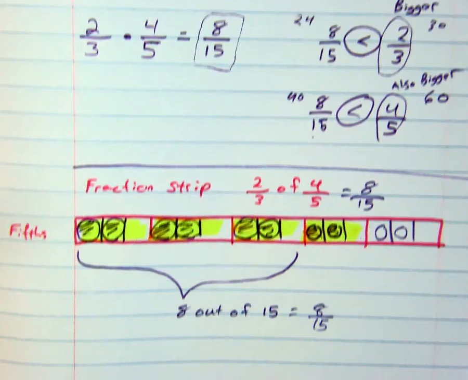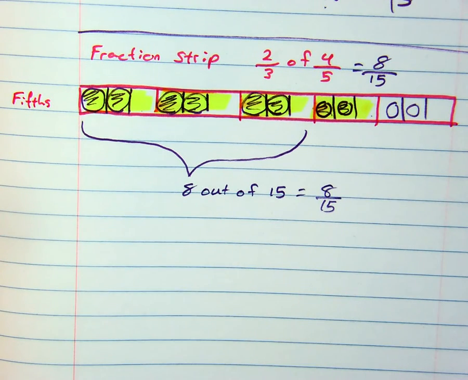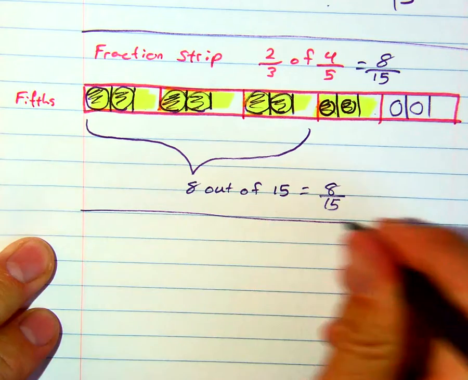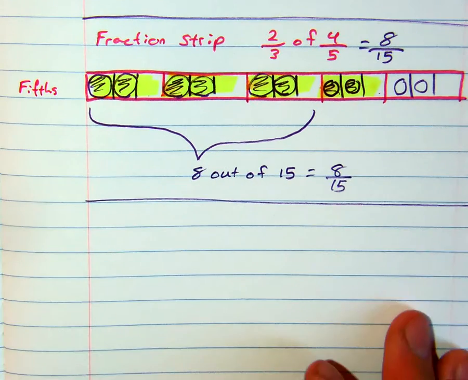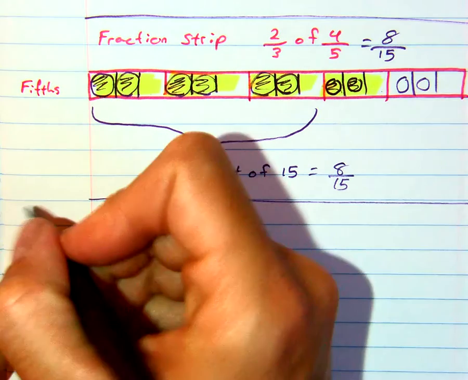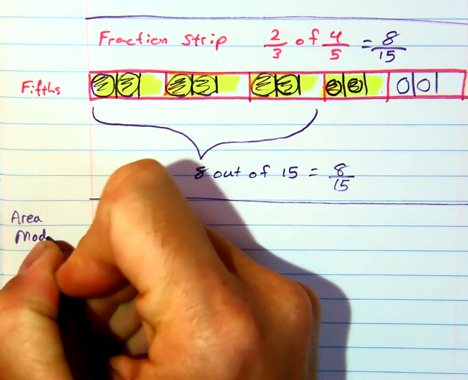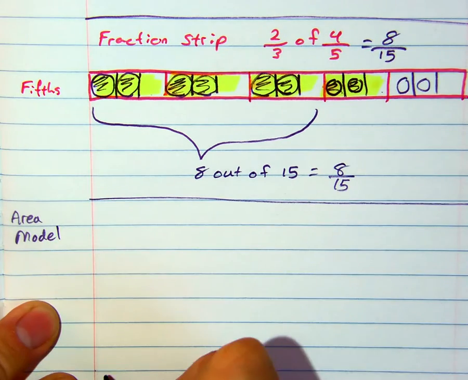And I'm going to try to do this as neatly as possible. And again, we're talking 4/5 and 2/3. So I'm going to use my lines right here. So let's see. And this is our area model. One, two, three, four, 5.